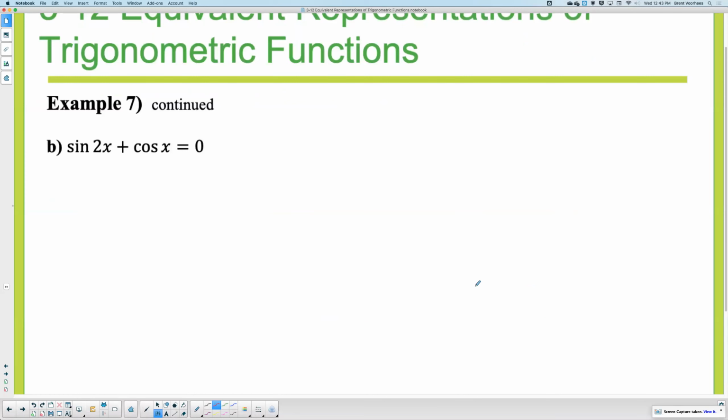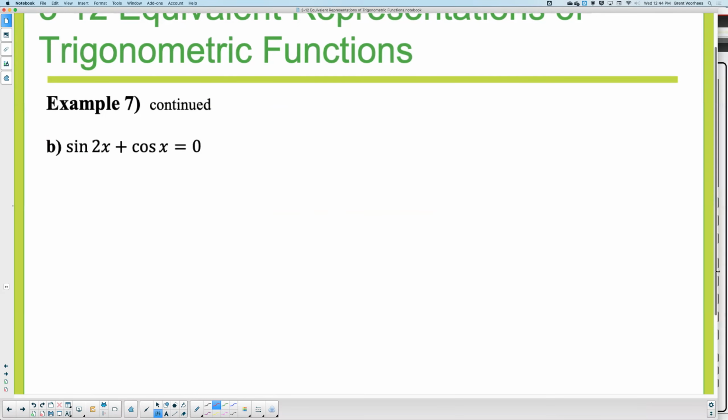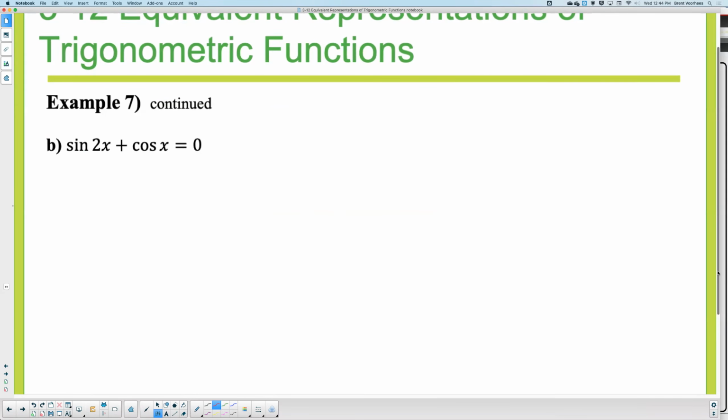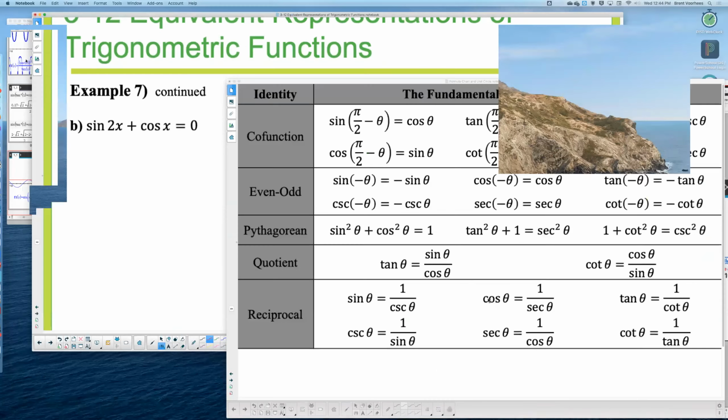What about this one? If you look on your formulas, there's another formula. What's different this time? There's a 2. Go to your formulas. There is a double angle formula that has sine 2x. So sine 2 theta equals 2 sine theta cos theta.